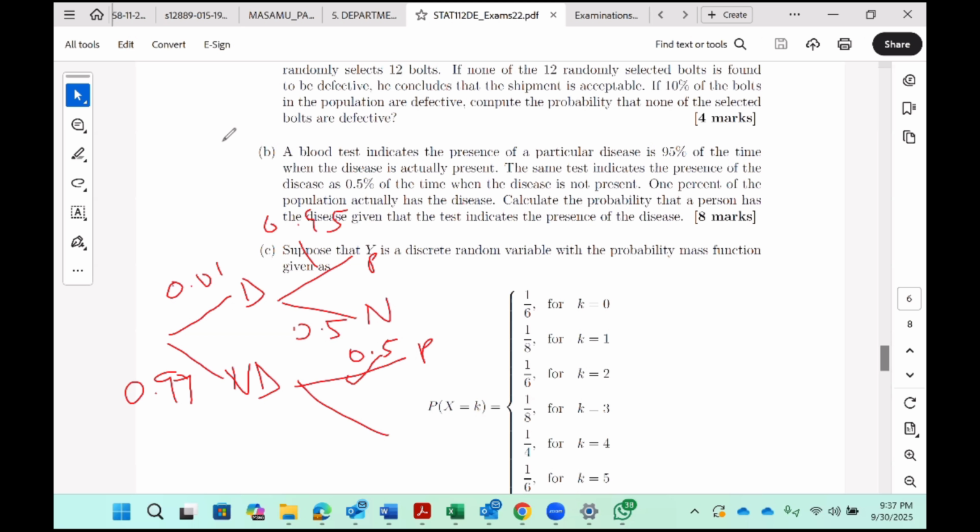Okay. So the question says: calculate the probability that a person has the disease, given that the test indicates the presence of the disease.